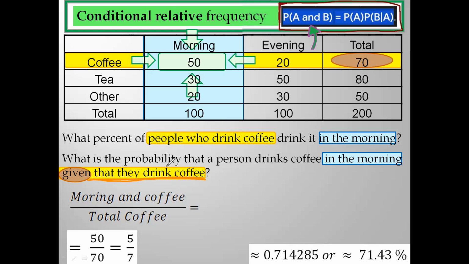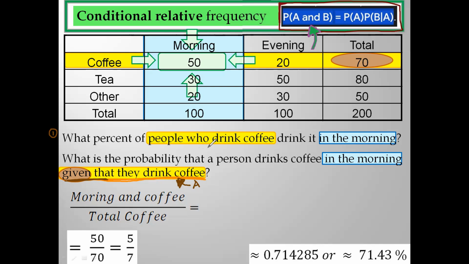This will be defined as our A statement. When we read sentences that don't use the "given that" form, we have to essentially consider the first statement to usually be the condition. So when we read the first question here, what percent of people who drink coffee drink it in the morning?